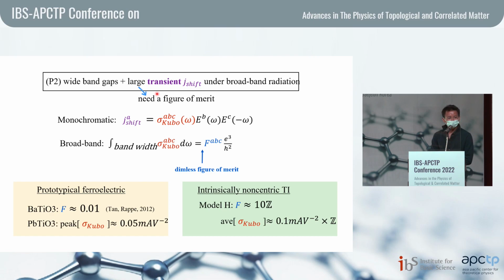So this is my result for intrinsically noncentric TIs. Admittedly, these are all model Hamiltonians, but anyway, I think this is promising. So F, this figure of merit, is approximately 10 times the topological multiplier. The frequency average of sigma is approximately 0.1 times the same topological multiplier.